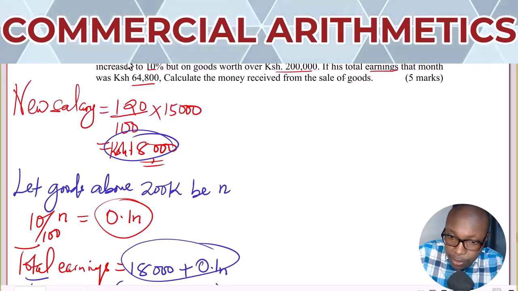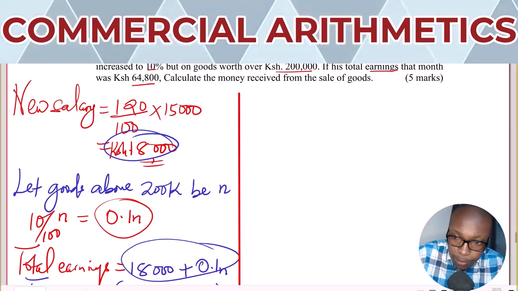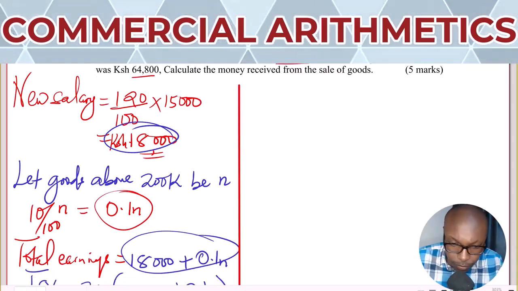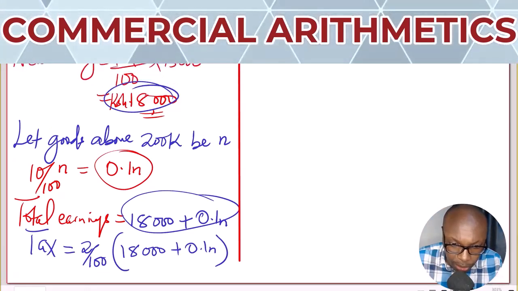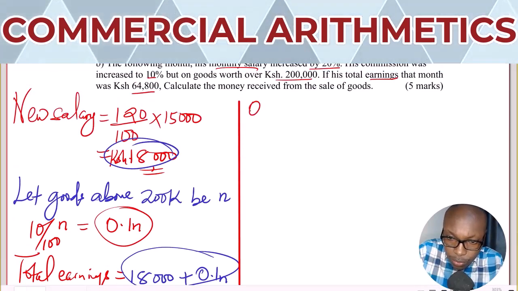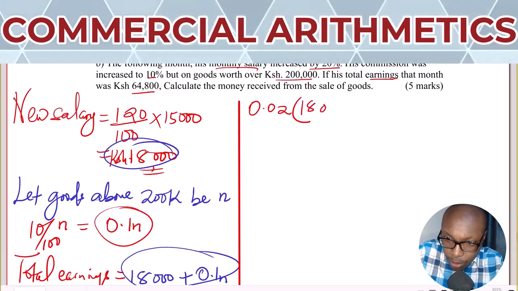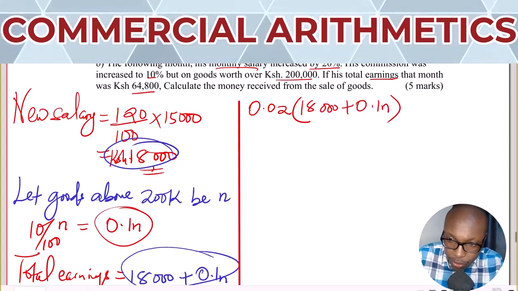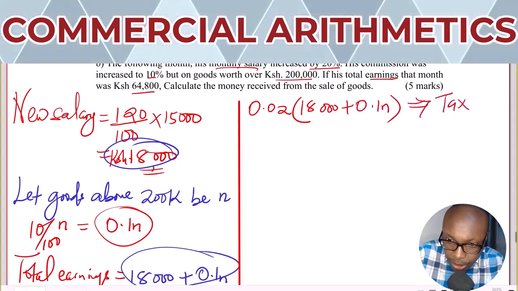So we can simplify this very fast here. We have 2%, that is 0.02. So this will be 0.02 times (18,000 plus 0.1N). That will be the tax.